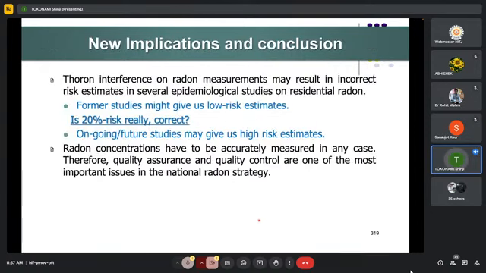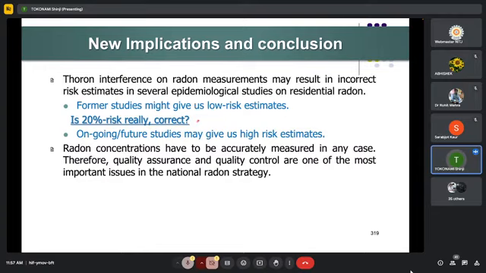Here are new implications and conclusions based on our study. Thoron interference on radon measurements may result in incorrect risk estimates in several epidemiological studies on residential radon. Former studies might give us low risk estimates. So, according to the WHO estimate, is 20% risk really correct?